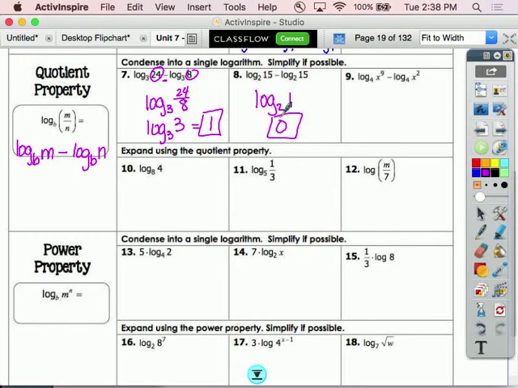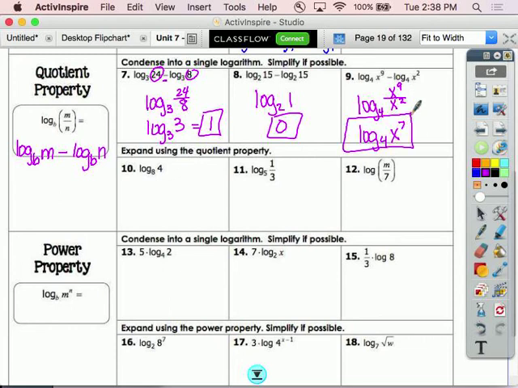All right, what about the next one? What are we going to do? You actually do, because you're dividing x to the 9th by x squared. And when you're dividing, you subtract the exponents.